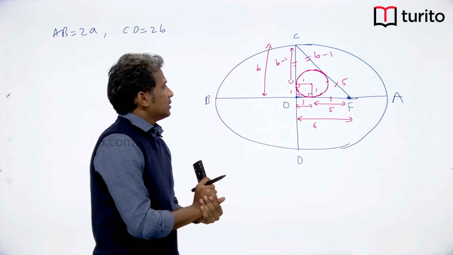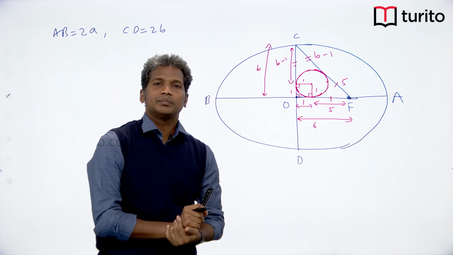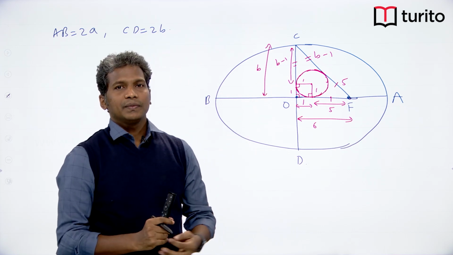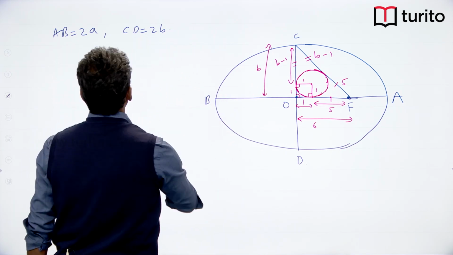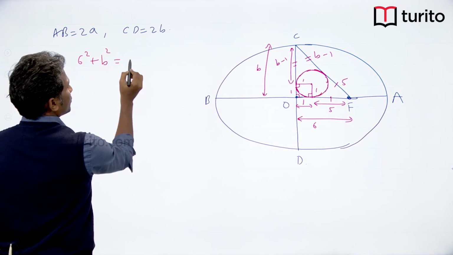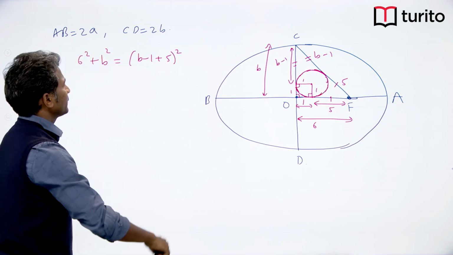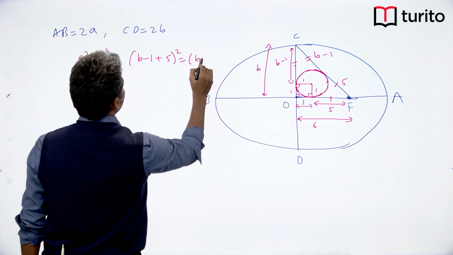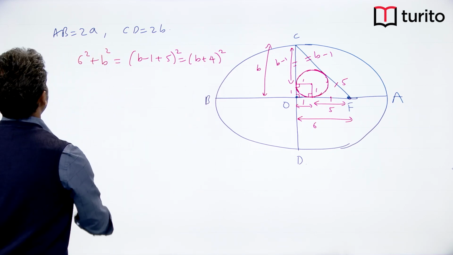Now, in this triangle, if I apply the Pythagoras theorem, I can calculate B directly. So, here we can say that 6 square plus B square is going to be B minus 1 plus 5 whole square, which is the same as B plus 4 whole square. Now, if I simplify it, what do I get?